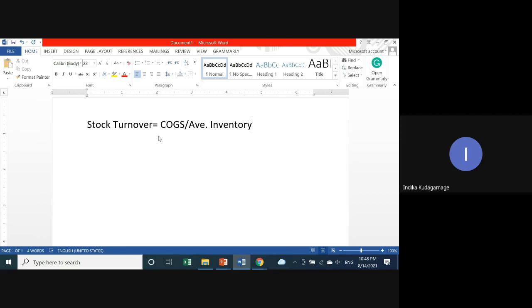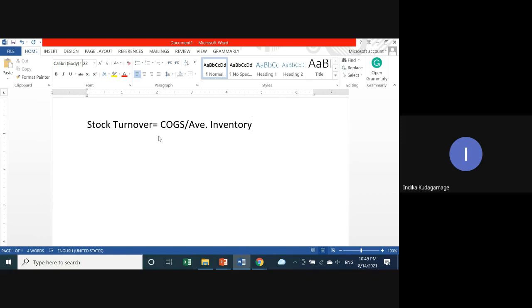So all of you need to know what is working capital, how to calculate it. Then only you can immediately work on the requirement of a customer. So stock turnover and stock turnover period is very, very critical. Right? Please pay full attention to this.